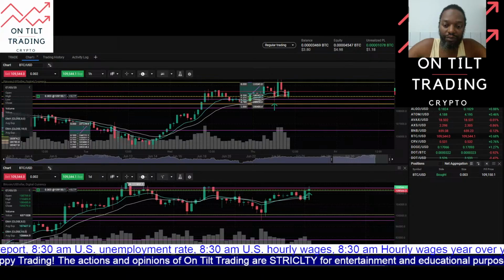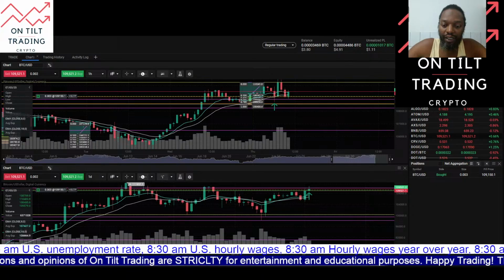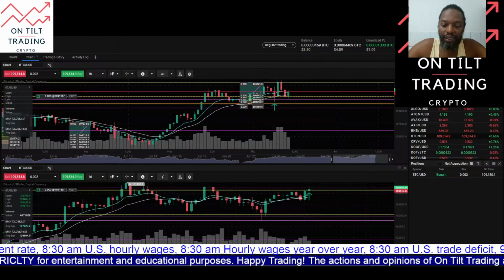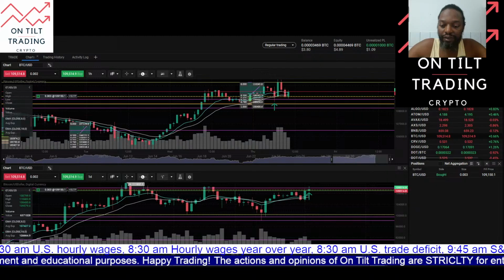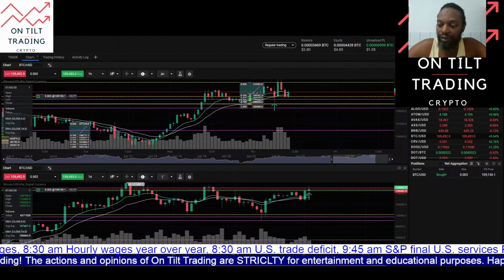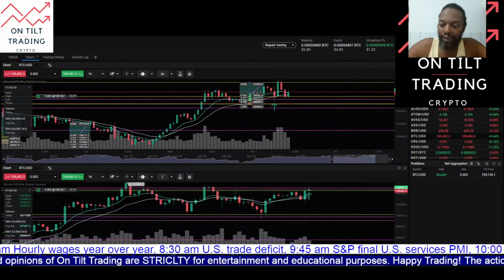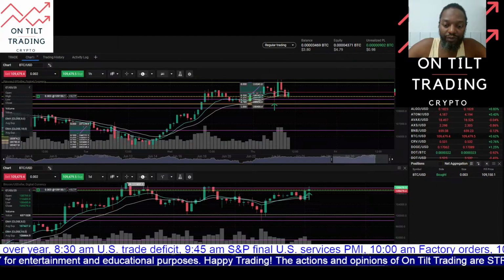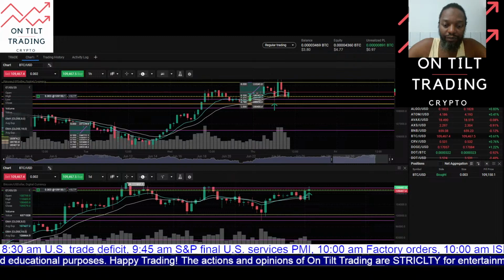I would expect price to be delivered to the buy side. If it's the reverse and the 18 is above the 9, or the 9 is below the 18, then I would anticipate price to be delivered to the sell side. So buy side delivery is what I would expect on Bitcoin currently.